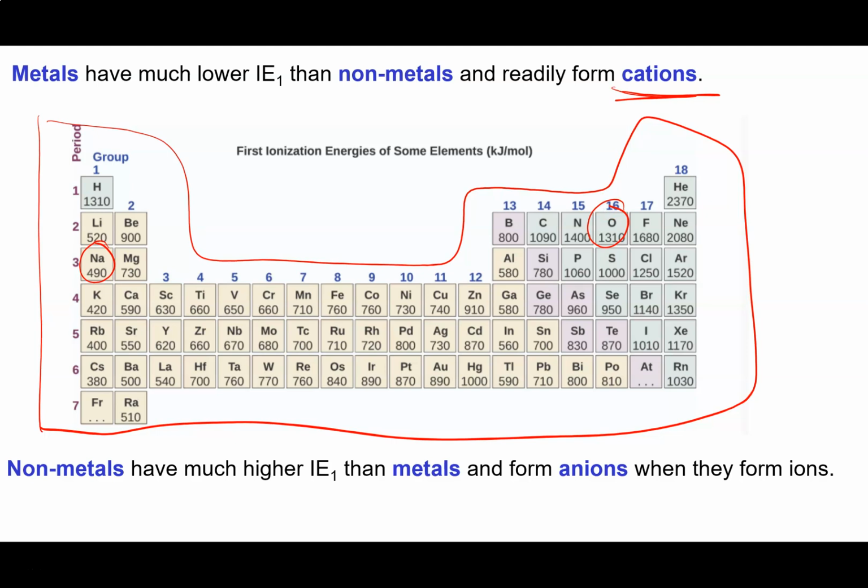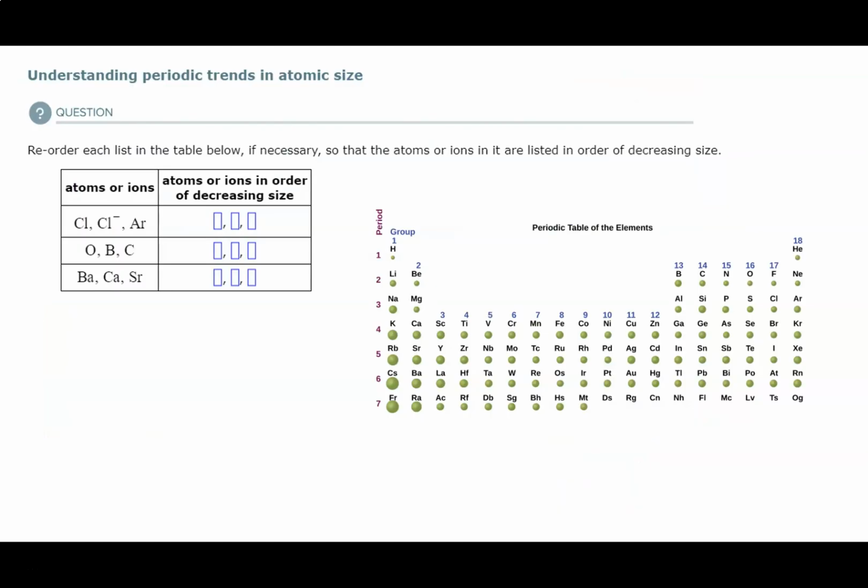So non-metals have really big IE1s, and they don't form cations. What they like to do is form anions. They actually like to gain electrons rather than losing them. So periodic tables in different forms are worth having handy.